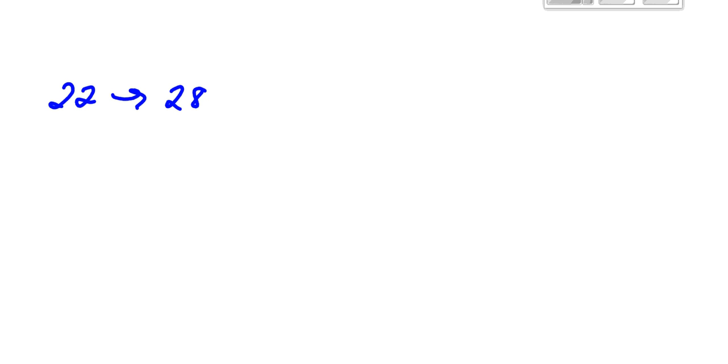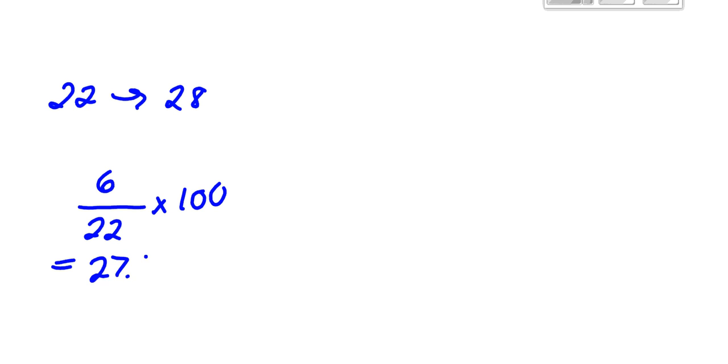So again, the first step, figure out how much you go up or down by. So we're going up by 6, and then we divide that by the original number. And in this case, the original number was 22. And when we calculate that one, we're going to get 27.3%. And so that represents the percent increase.